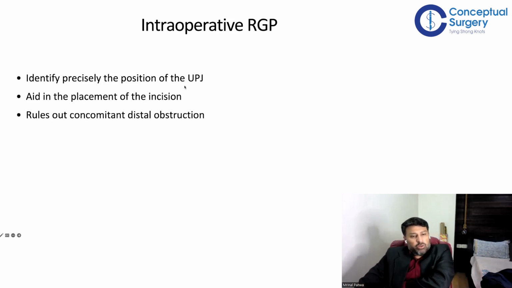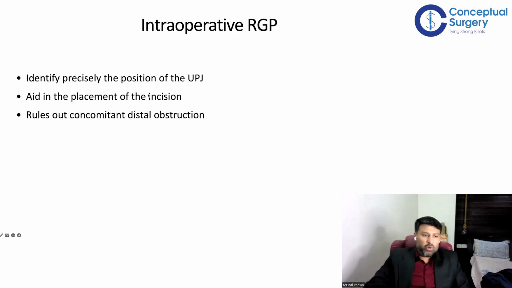Secondly, when open procedures were used, it helped us in the placement of the incision. If there's an intrarenal pelvis, we would prefer a flank incision, a kidney or nephrectomy incision. And if it's lower down, then we would gradually shift the incision depending on the level of the PUJ.